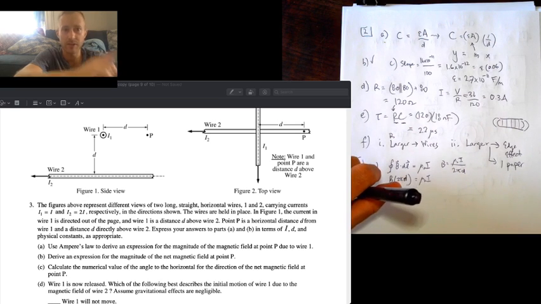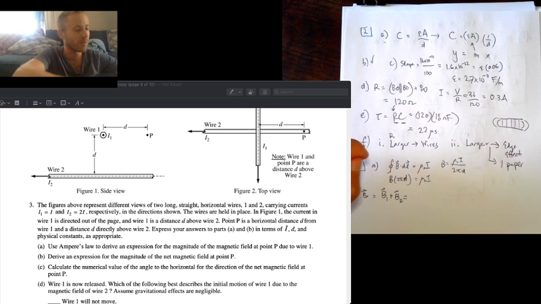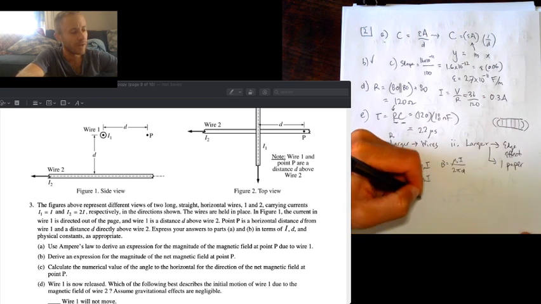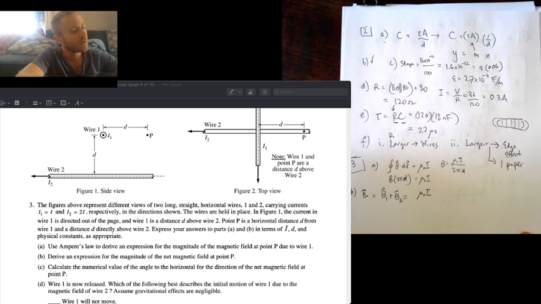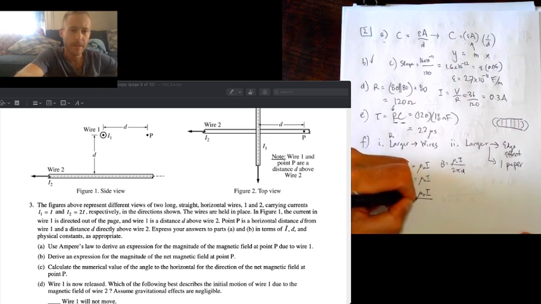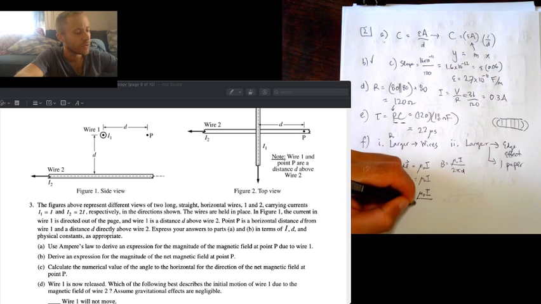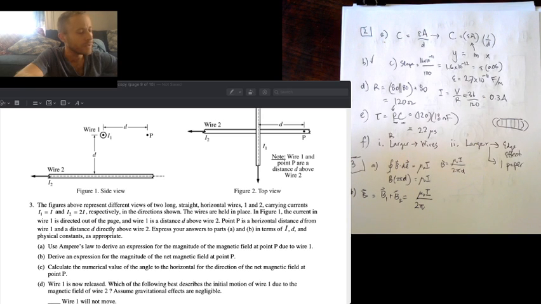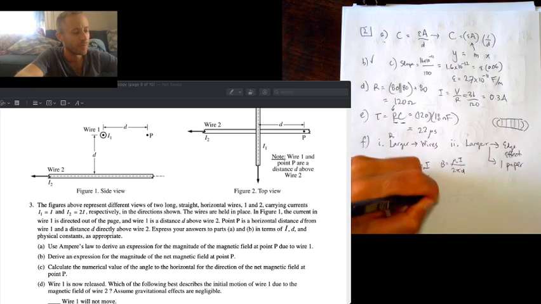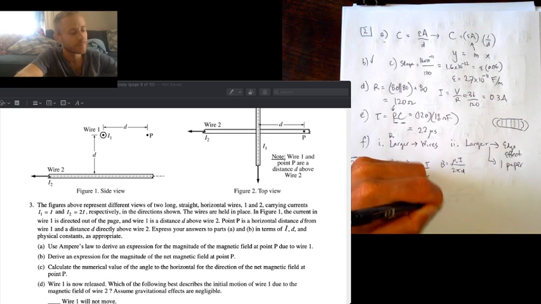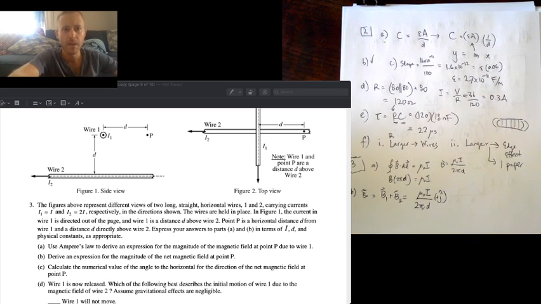Wire 1 is going to create a magnetic field that points upward. So we have mu naught I over 2 pi d, and that's going to point in the plus j direction, because that's upward.